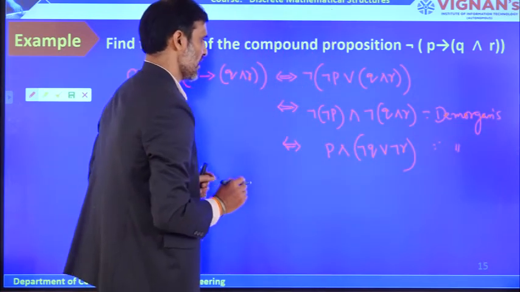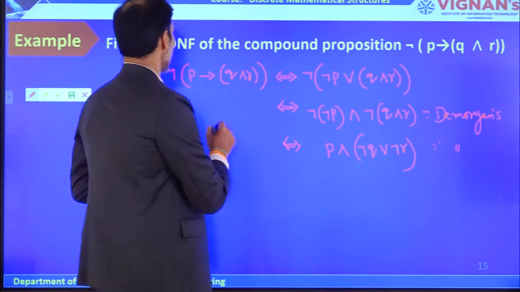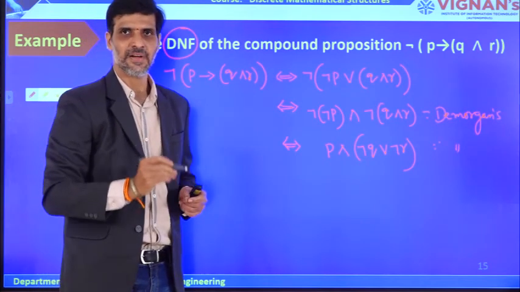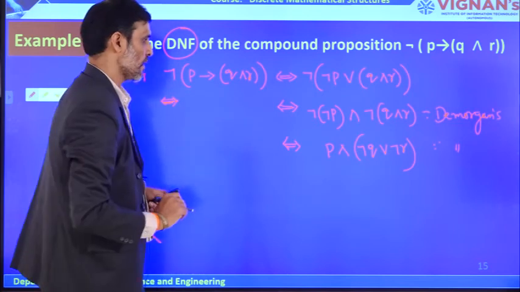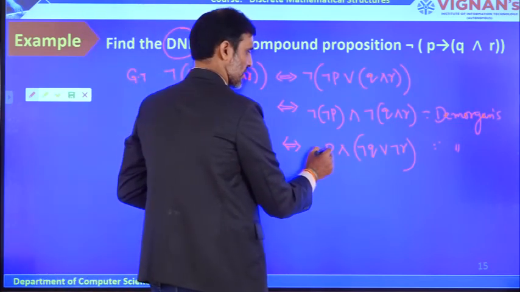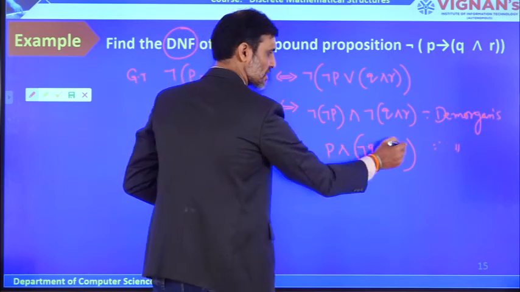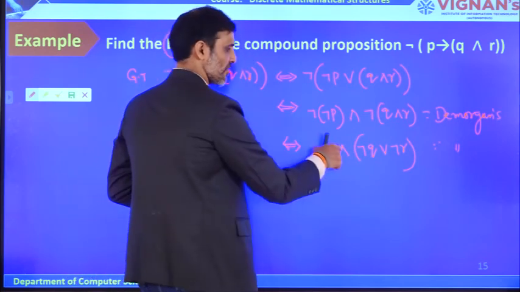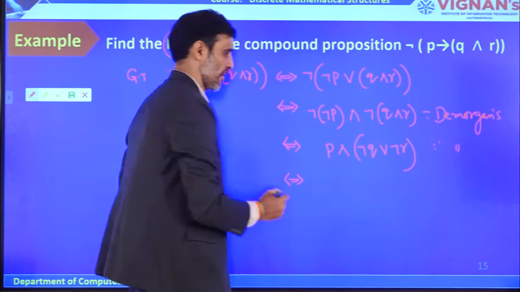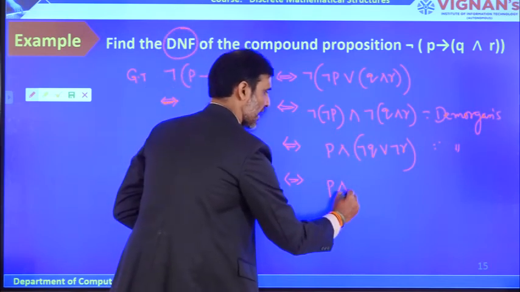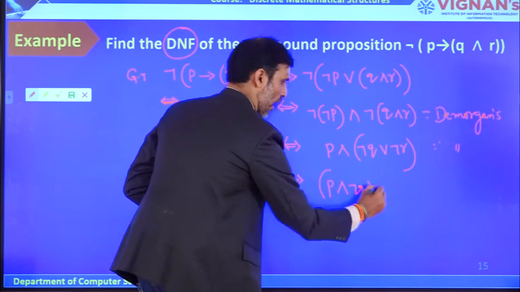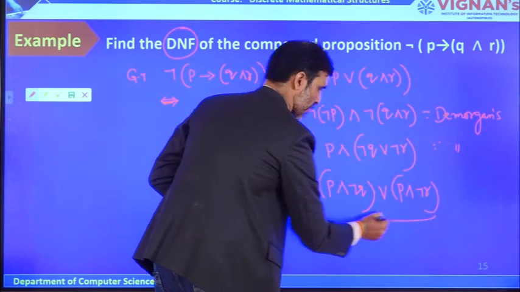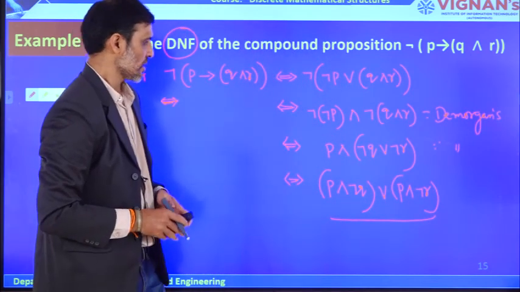Now if you observe, what do we need to get? We need to get DNF. What is DNF? It is a disjunction of conjunctions of literals. To get that, you observe that this is of the form A and B or C, so apply the distributive law, distribution of conjunction over disjunction. How do we do that? P and negation Q, or P and negation R. This is how we get it.